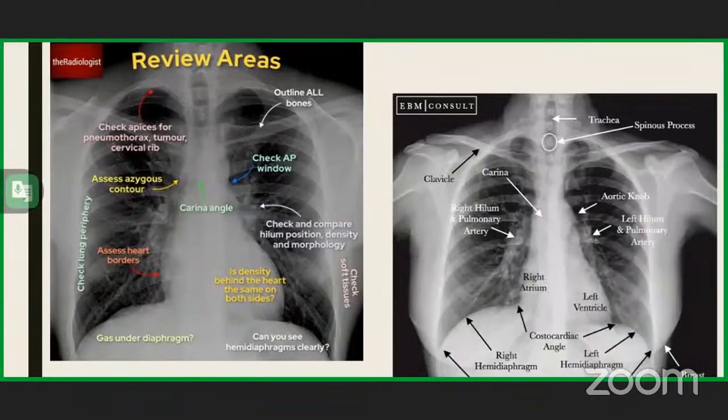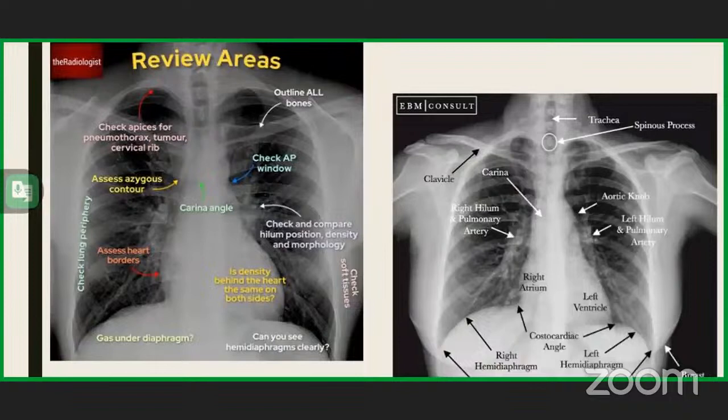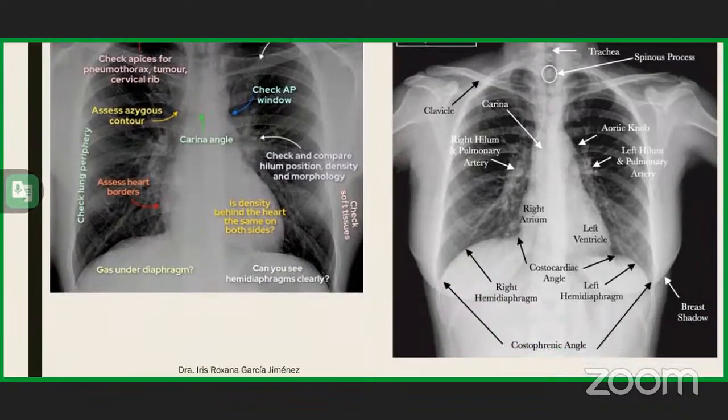The review areas, I mean the areas that we must recognize in colors and in black and white. This vocabulary, of course, is going to be so helpful in order to catch the vocabulary we need. So I'm going to send you this slide. You're going to receive this, but keep on practicing, okay?